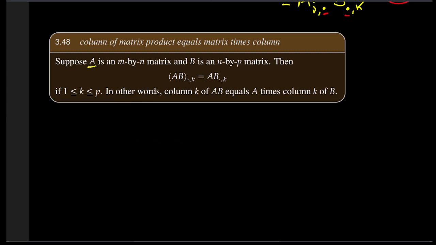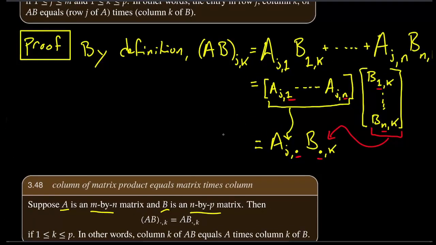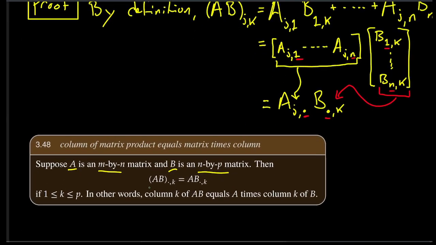This one says, suppose A is an n by n matrix and B is an n by p matrix, same as before. Then, remembering how this works, the kth column of AB, that is, I'm putting a dot in the row part, the first entry, which tells you which row you're in. That first entry is the row part.